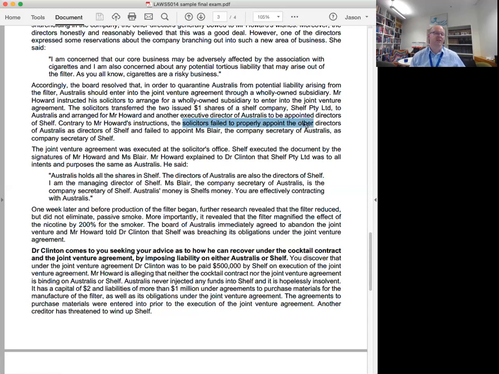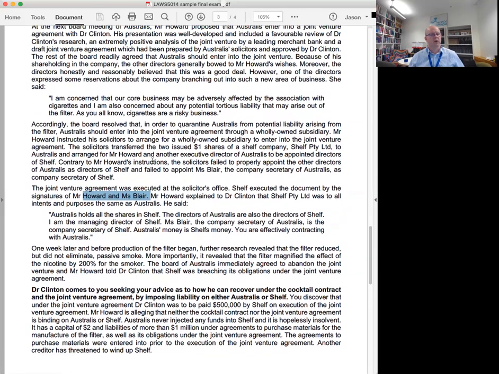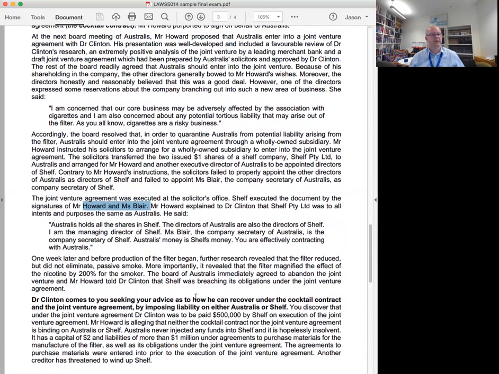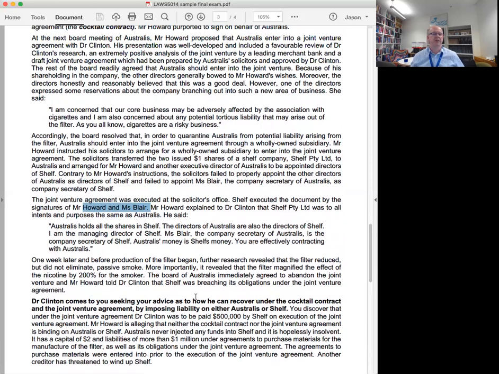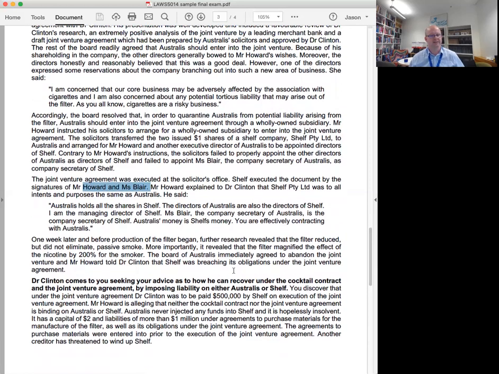So she might be signing as company secretary the joint venture agreement. So that could mean that in the solicitor's office, 127 applies because you've got someone who is the director, they're signing as director, and you've got someone who believes they're company secretary and is signing as company secretary. So that could work there, and 127 could apply, and then 129(5) could be used as a third-party assumption.